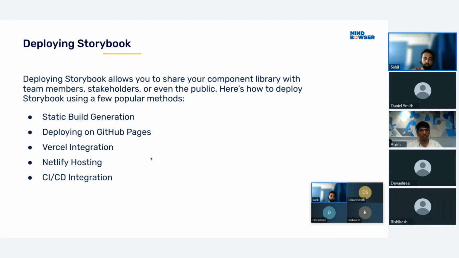So these were some of the ways that you can deploy Storybook, and this will enhance collaboration and serve as a live interactive documentation hub for your UI components, accessible to the entire team. So next, I would pass on to Anish to give the demo.